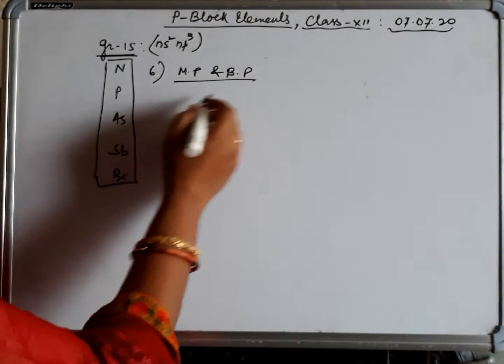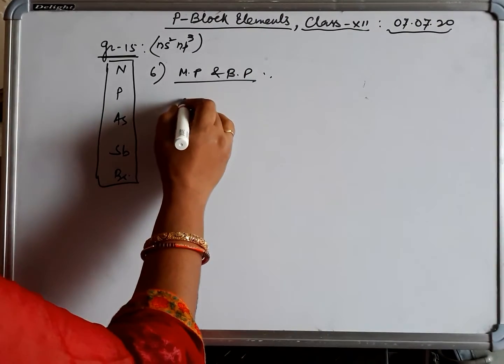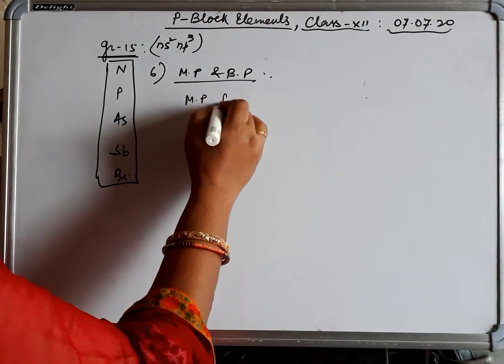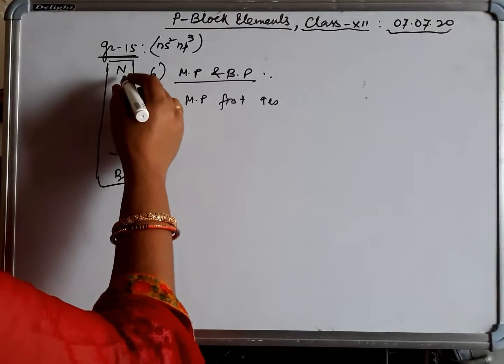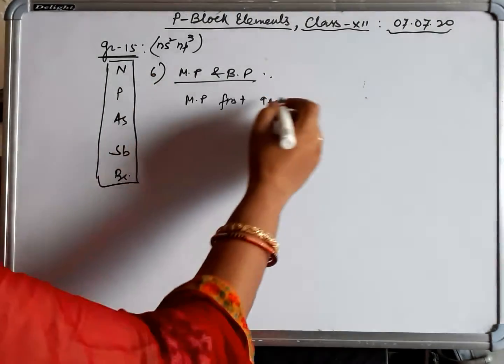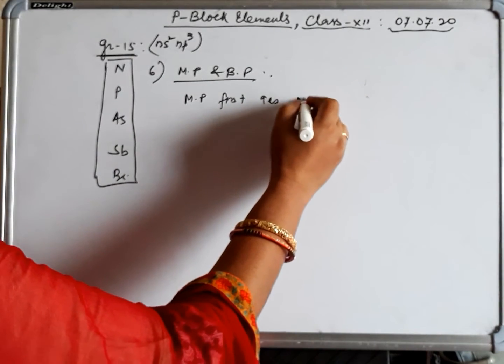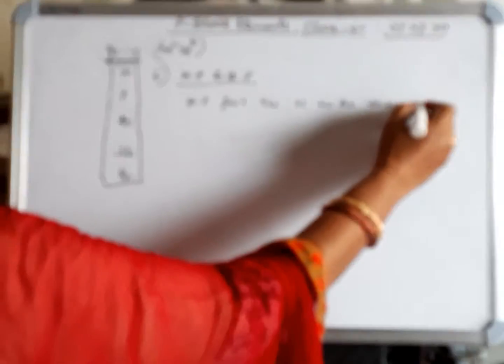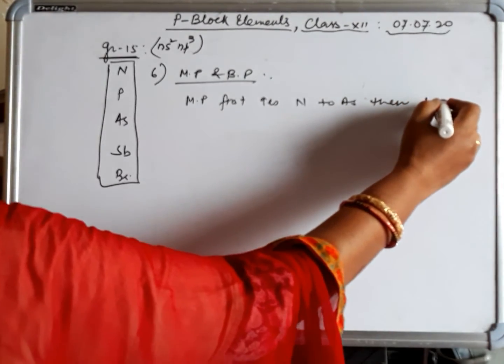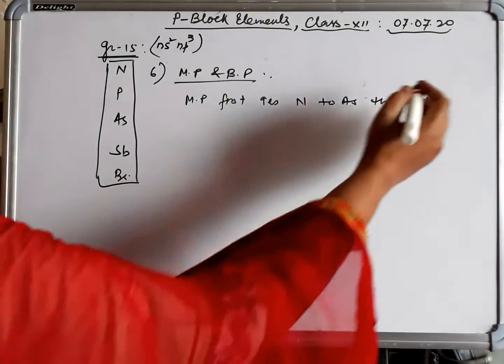So we write here: melting point first increases from nitrogen to arsenic, then decreases to antimony and bismuth.